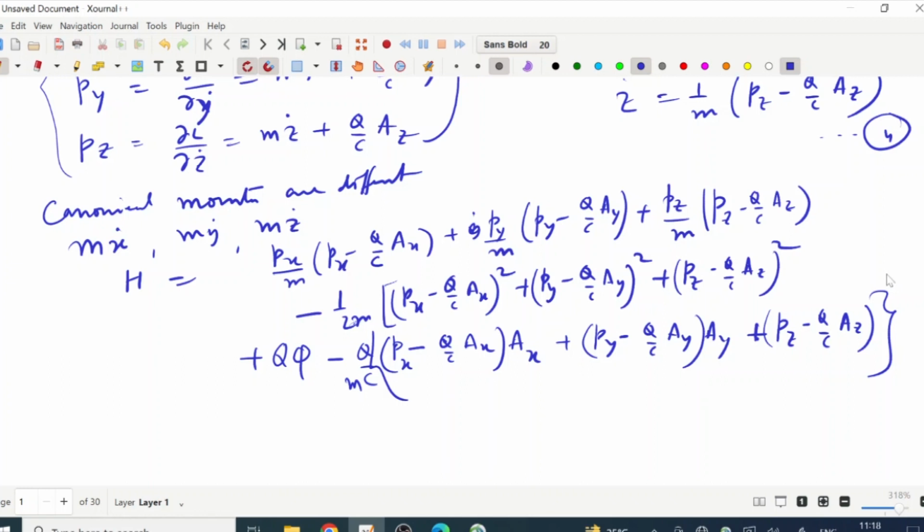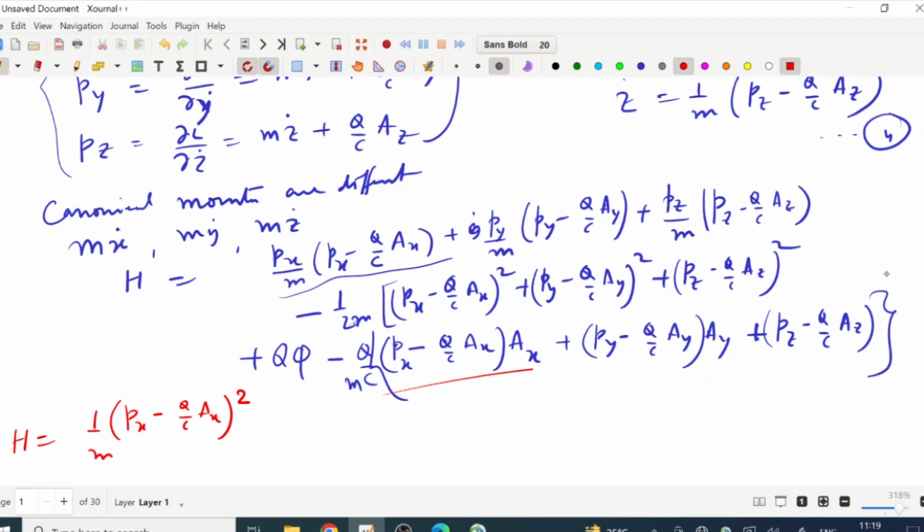It looks a little bit clumsy, but we can immediately see that some terms can be combined. For example, this term can be combined with this term. Let us combine these two terms. Taking (p_x minus q by c A_x) common and 1 over m, the first term will be p_x, the second term will be q A_x by c, so it will be the square of this.